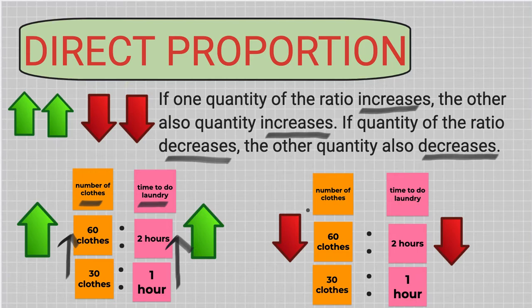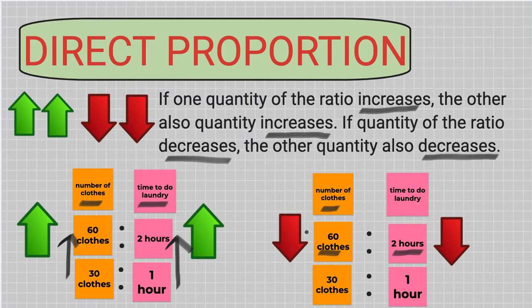Now, let's have this one. For example, the same thing, number of clothes. Let's compare the number of clothes to the time washing the clothes or doing the laundry. If you have 60 clothes, let's assume that you will finish within 2 hours. Okay, 60 clothes is to 2 hours.